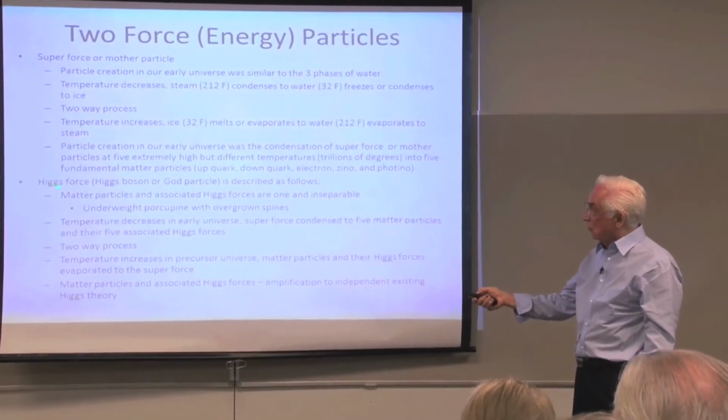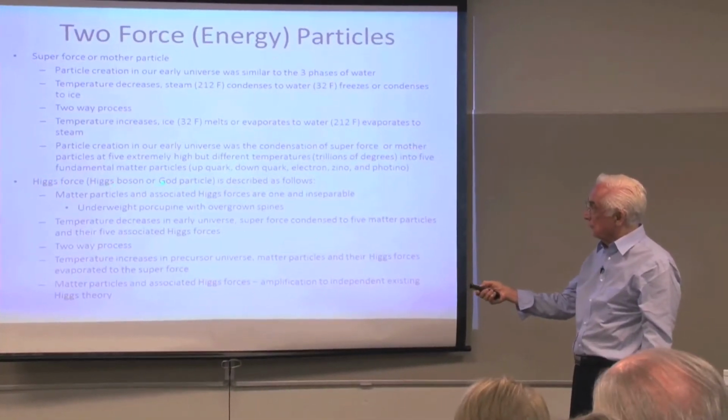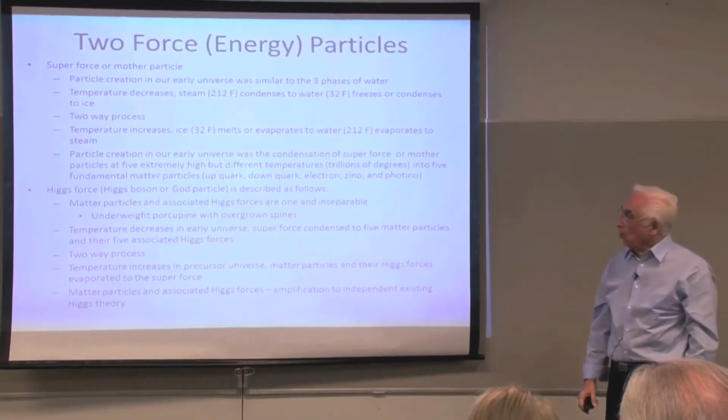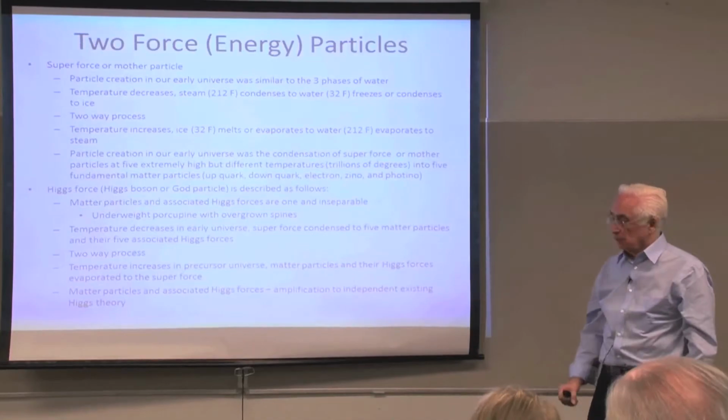Now, the second force is called the Higgs force, also known as the Higgs boson or God particle. And what that is is as follows. A matter particle and the Higgs force are one and inseparable. And the model I use is an underweight porcupine with overgrown spines.